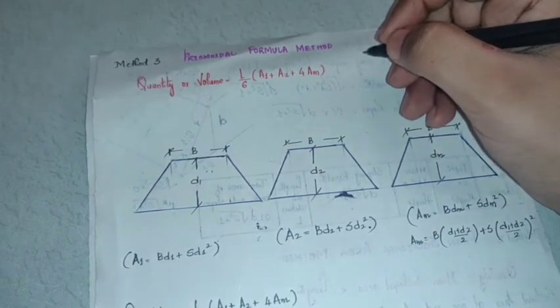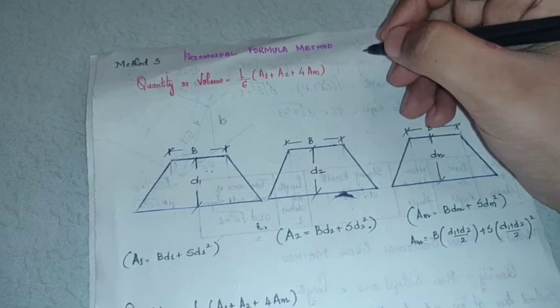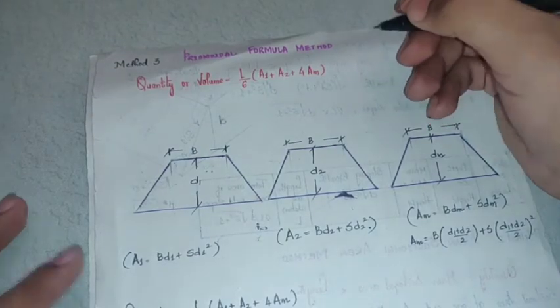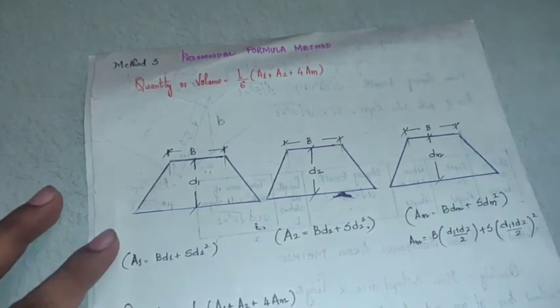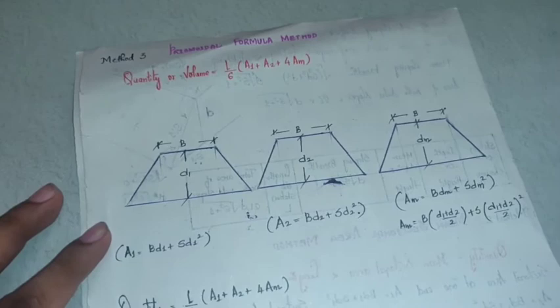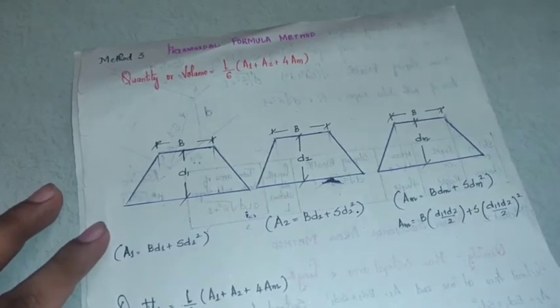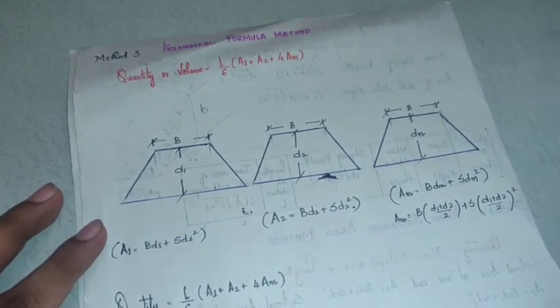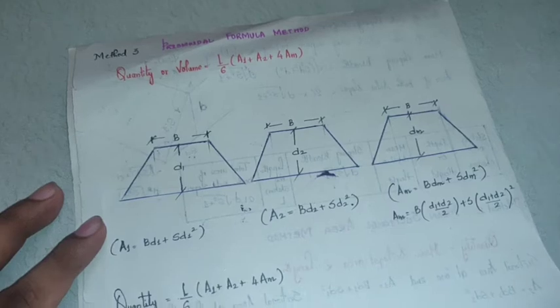For less accurate work and small projects, we go for either the first or second method. For bigger projects, we prefer the prismoidal formula method. In this method, generally, just have a look at this.